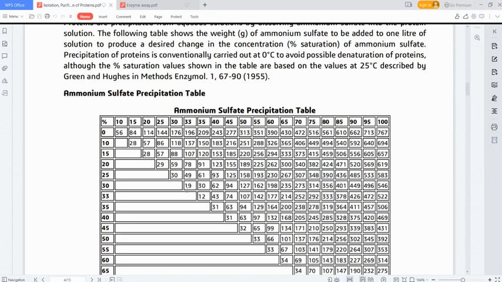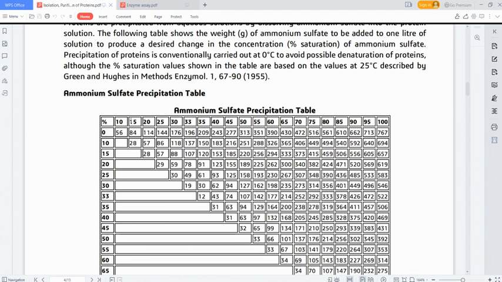Okay, then the vertical one, that you have 0, 10, 15, and others, are the percentages of ammonium sulfate that are already in the protein solution.